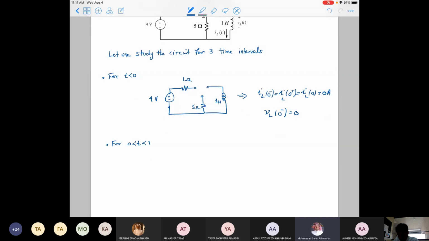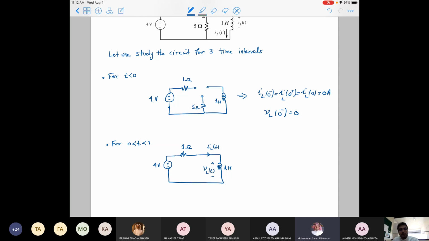So we have 4 volts and 1 Henry here. We are asked to find I L of t and the voltage V L of t.